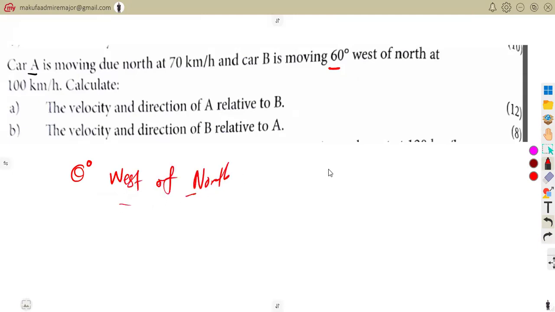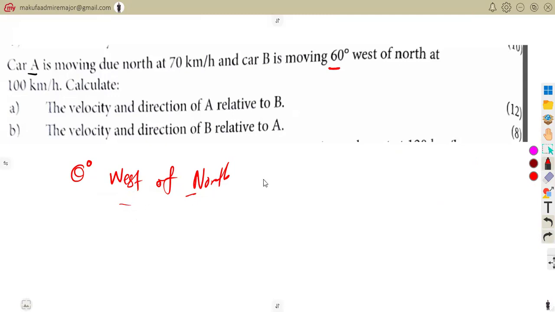Basically northwest, if I'm correct, so it's north going to the west.